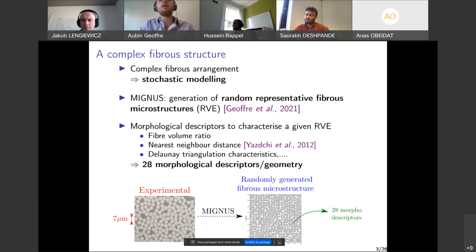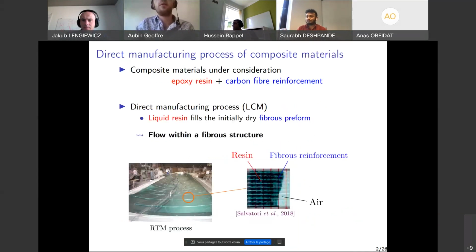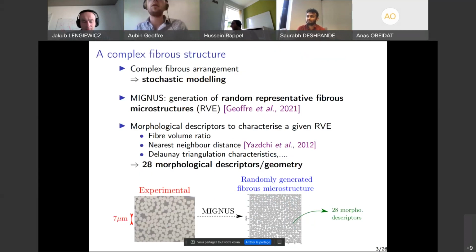Okay, so here the flow is supposed to be steady and with one phase. So basically what we want to predict is the permeability, because it's an industrial issue in practice.